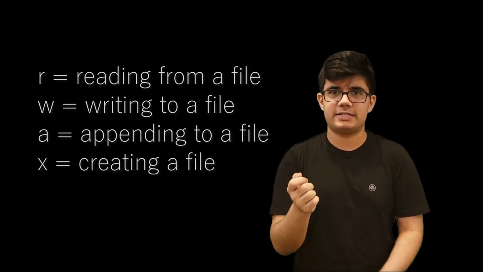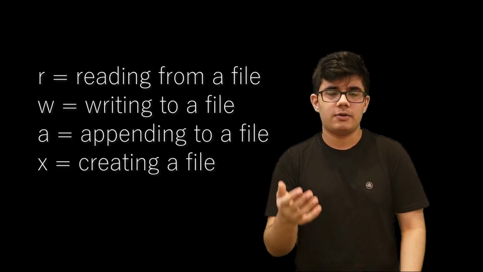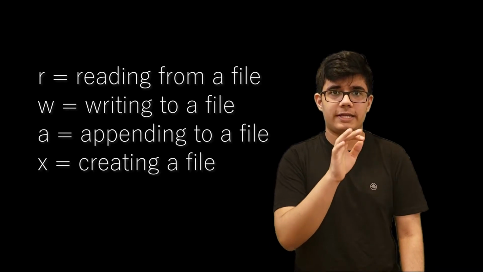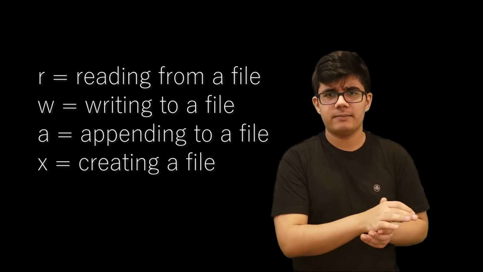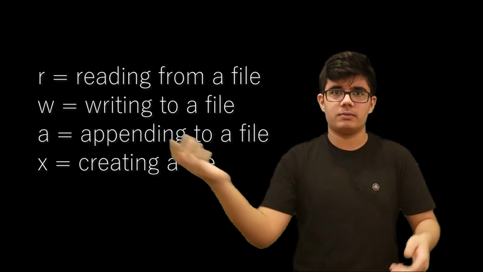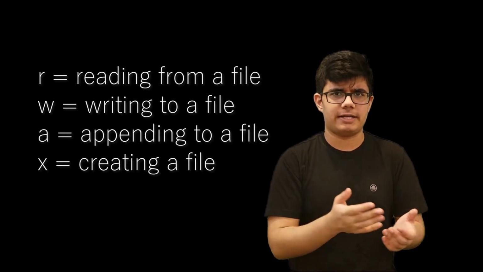Those include reading a file, represented simply by an R, writing to a file, represented simply with a W, appending to a file, represented with an A, and creating that file that's specified in the first parameter, represented simply by an X.